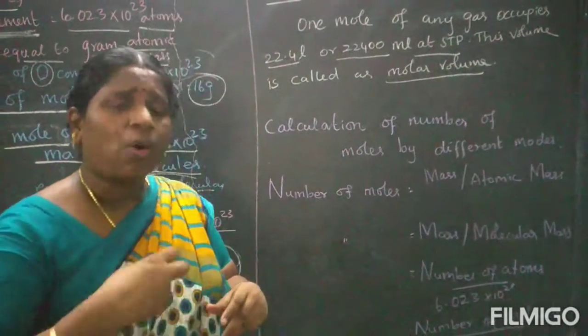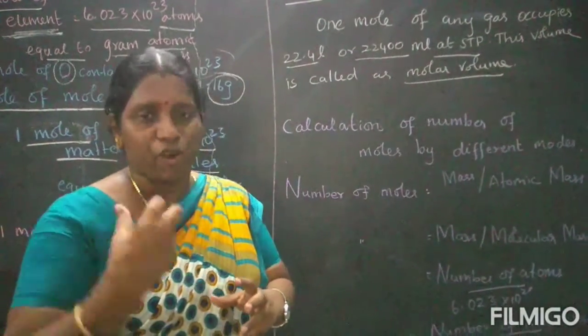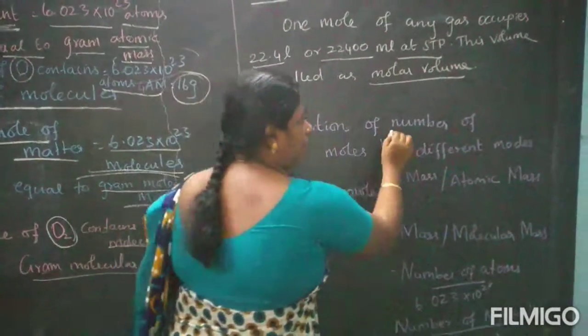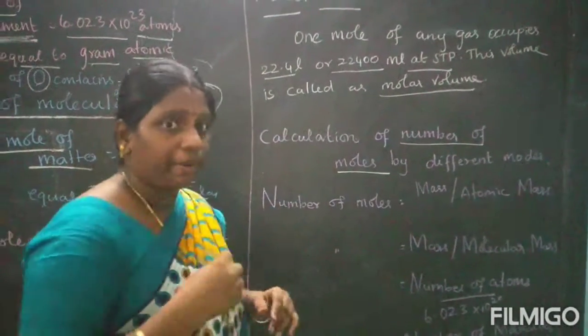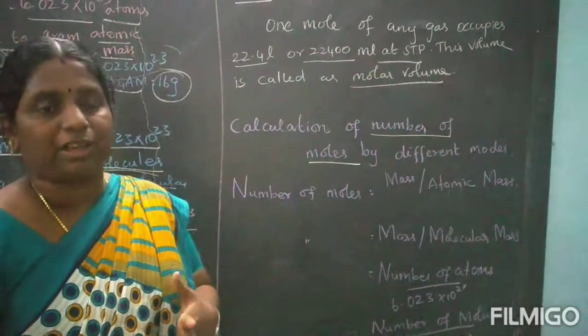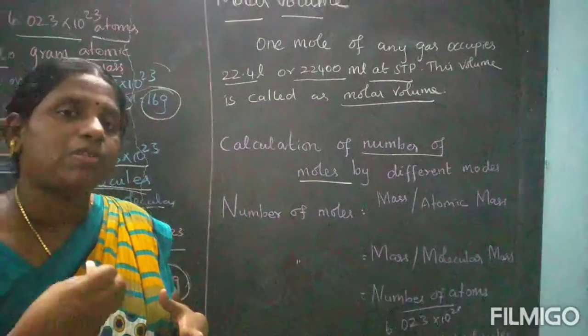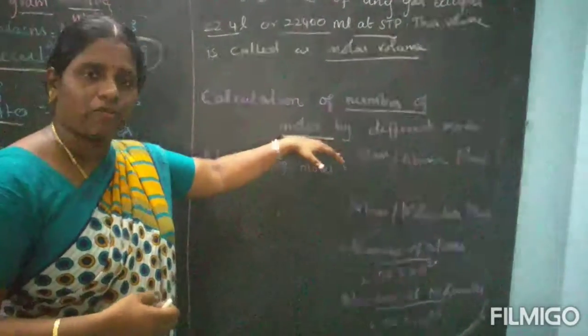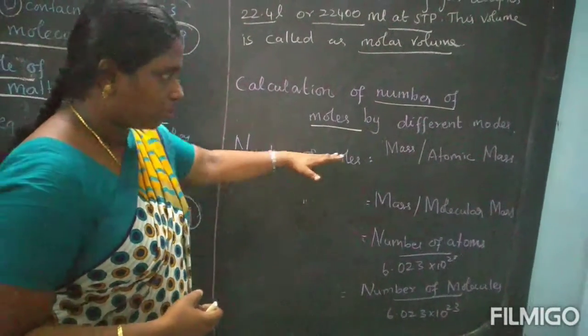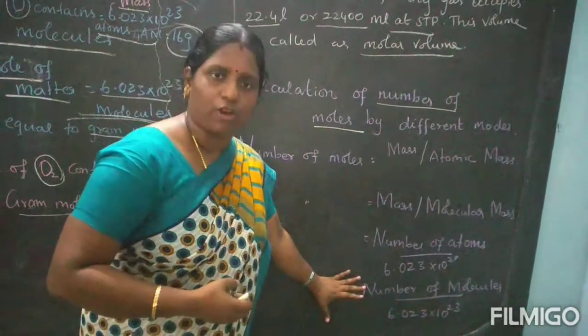See how we have to calculate. What are the formulas? We have to calculate the number of moles in different modes. What are the formulas used to calculate the number of moles? We have 4 formulas.